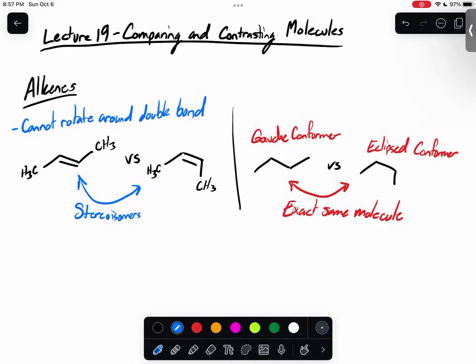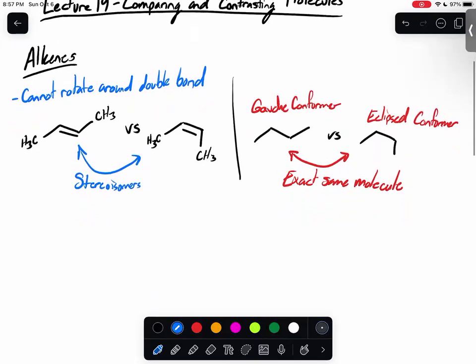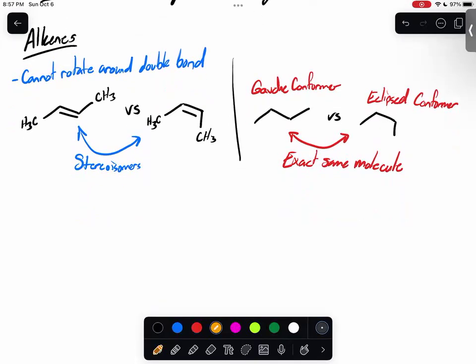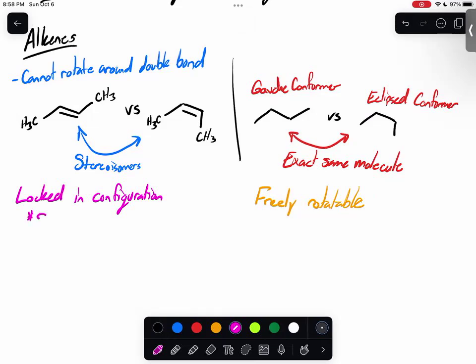And so because of that, these two are kind of locked in their position, right? We can say for the molecules here on the right-hand side, these are able to freely rotate, right? So they are freely rotatable versus the molecules on the left-hand side, right? These are locked in their configuration. And because of this, the fact that we're not able to rotate, these are now also stereoisomers.